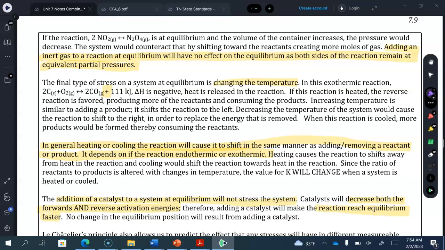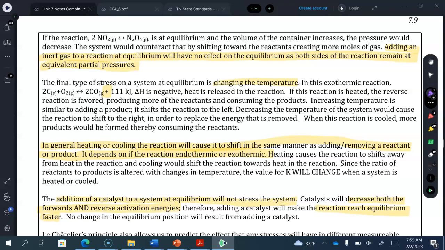Adding an inert gas to the reaction at equilibrium will have no effect because they remain at equivalent partial pressures. The partial pressures aren't changing, and the partial pressures are the gases' way of denoting concentration, but in units of pressure. The final type of stress on a system at equilibrium is changing the temperature.